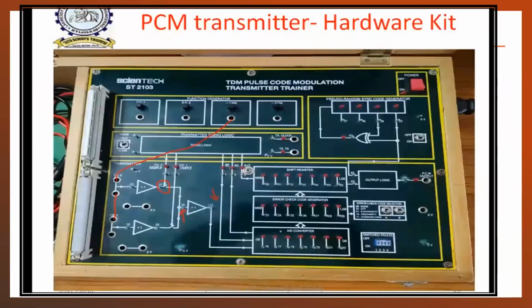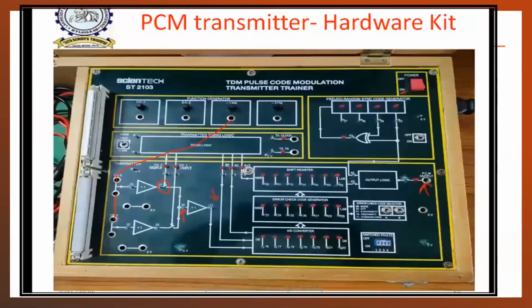Like that, you can clearly observe the bit sequence, or the group of bits, assigned to each quantized value or each sample value, directly. All this bit sequence is applied to the output logic, and finally, at this particular point, you observe the PCM output.